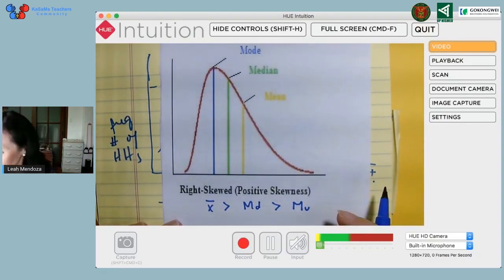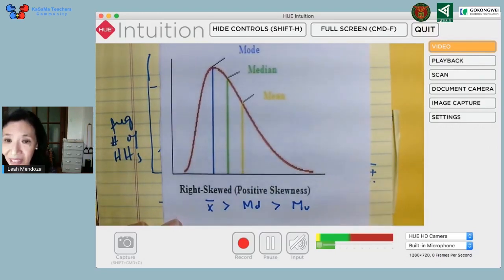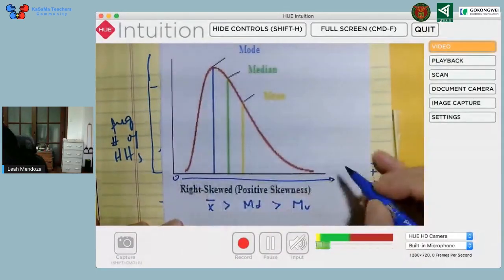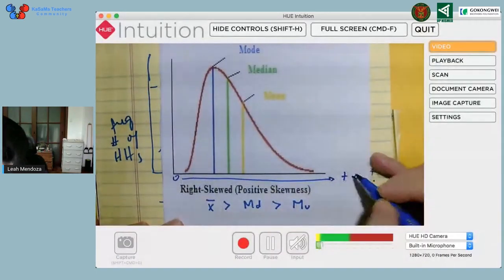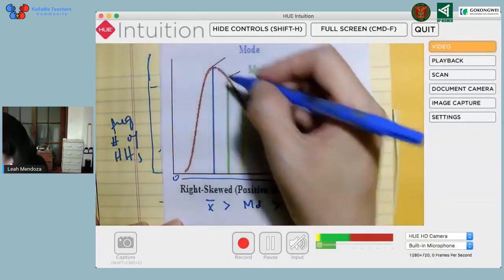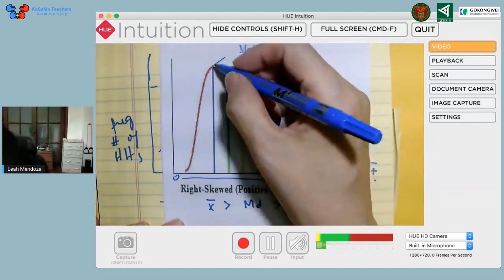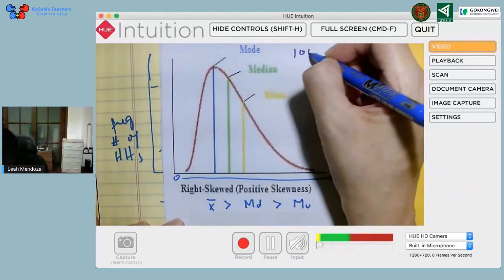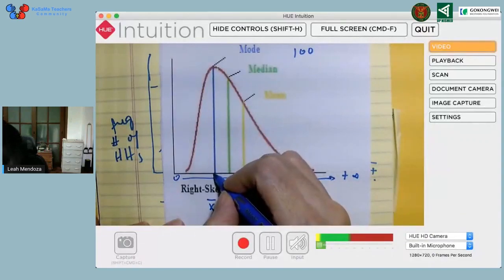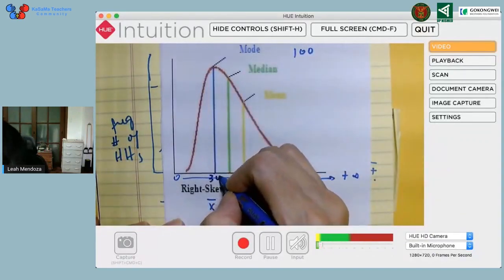They will be able to get high in the exam. So just imagine this is from 0 to positive infinity. If it's a difficult exam, many will fail. So let's say out of 100, many will get like 20, 30. Let's say the mode just happened to be 30.